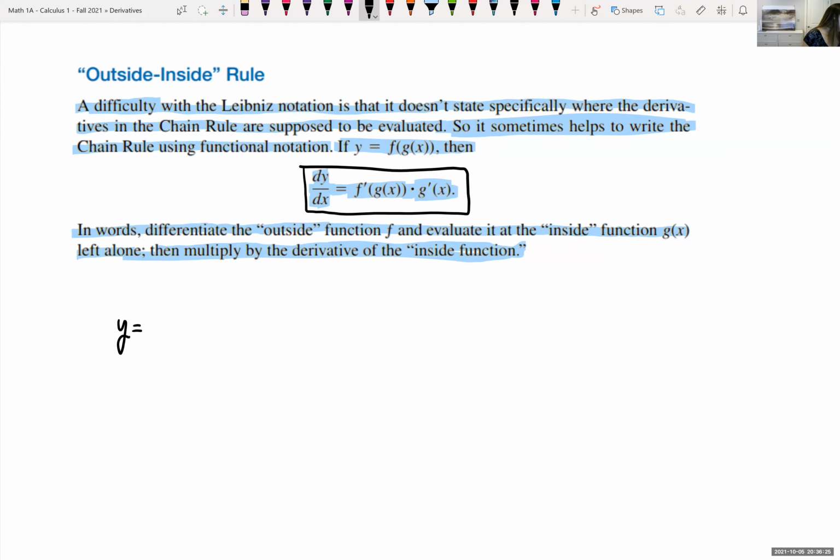So what about y is equal to, well, I want to do one with the e. How about e to the square root of x? If I was going to rewrite this as y equals f of g of x, as a composition of two functions, my inner function I'm going to write as the square root of x, so g of x is equal to the square root of x.